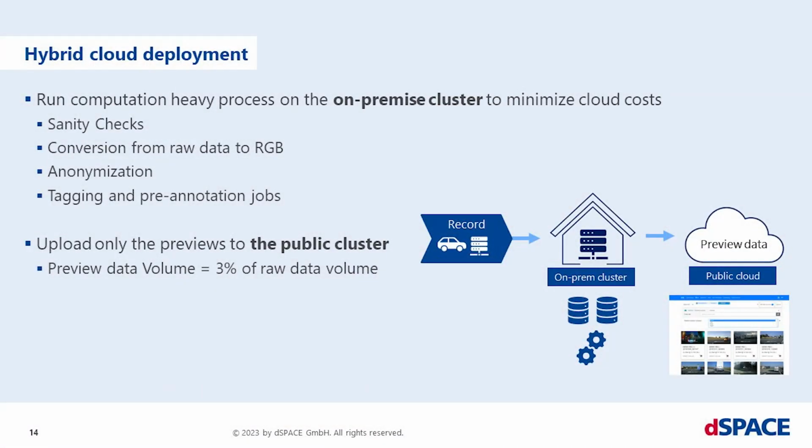To reduce storage and computation costs, IVS data management also supports a hybrid cloud approach. After transporting and saving data in a data center, dedicated IVS jobs can be applied on the recorded data to generate previews out of it and to upload them to the public cloud. The preview data is massively reduced to just 3% of the initial data volume.